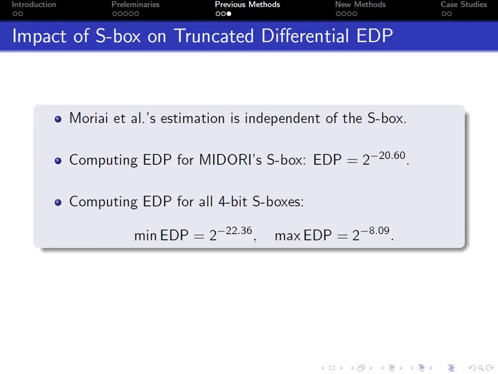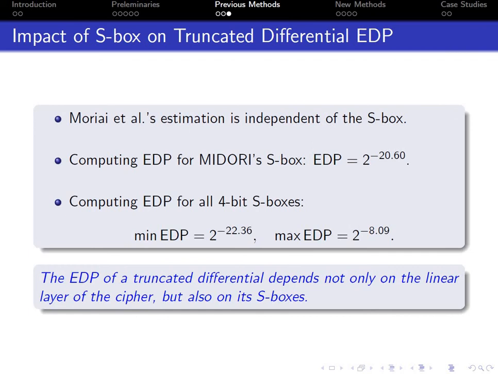To show that changes of the S-box can make a significant difference in the value of the expected differential probability, we tried all 4-bit bijective S-boxes and computed the expected differential probability for the same truncated characteristic, and we observed that the minimum probability is about 2 to the minus 22 and the maximum value is 2 to the minus 8. Clearly, the expected differential probability of a truncated characteristic depends not only on the linear layer of the cipher but also on its S-boxes.